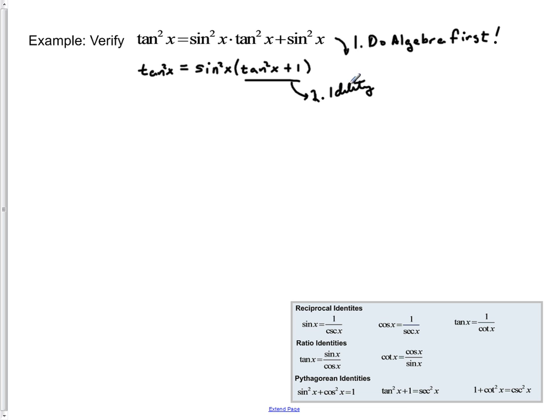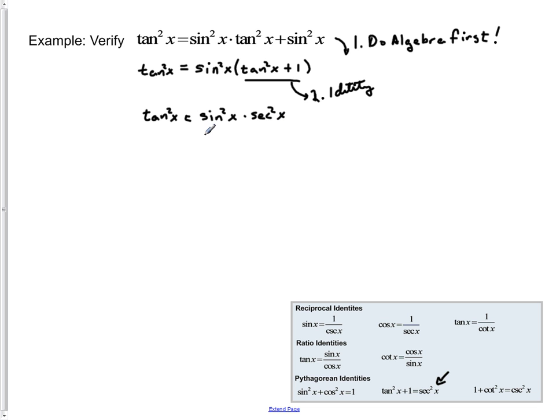If you'll note, 1 plus tangent squared x is secant squared x. So on the right-hand side, I've got the square of the sine of x times the square of the secant of x, and that will be equal to the square of the tangent of x. Okay, well there are some connections.